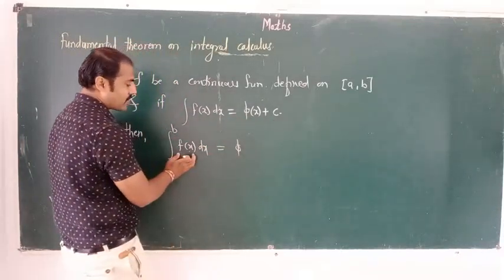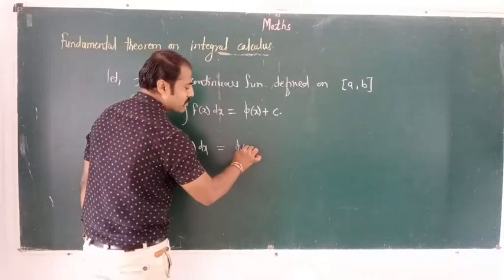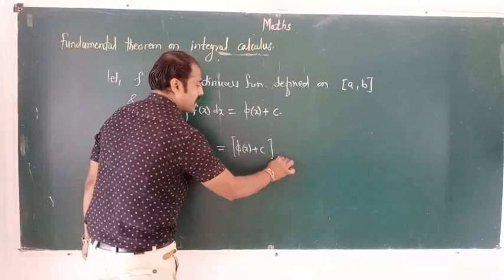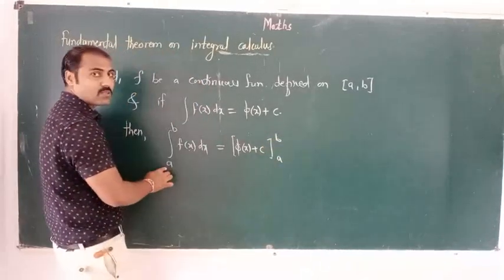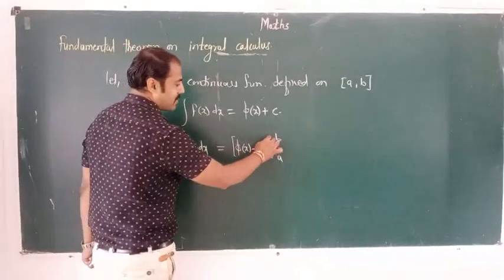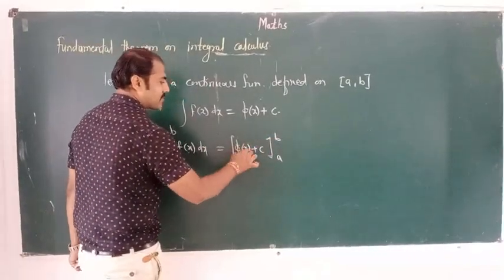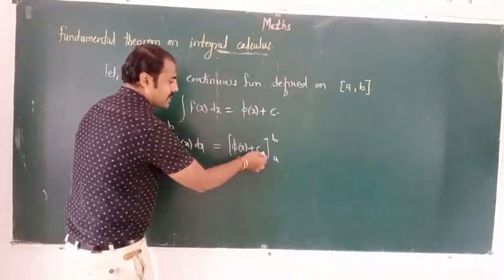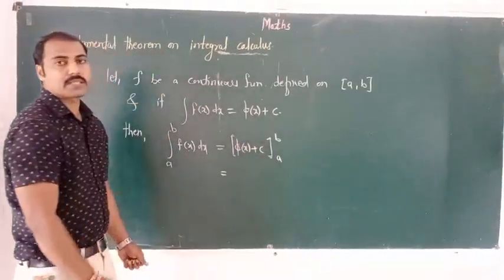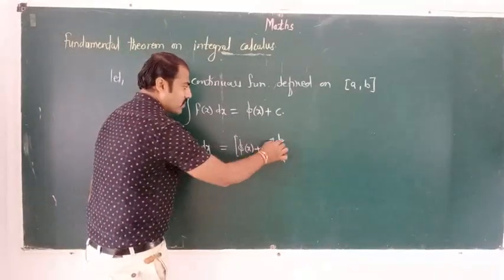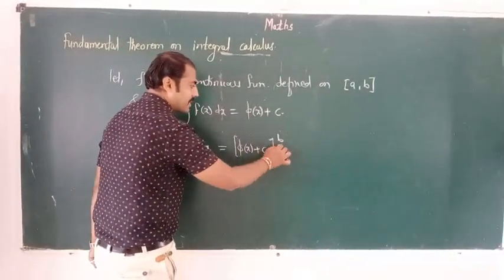So the integration of f of x dx is phi of x plus c, and write its lower limit and upper limit. a is called the lower limit of the integration, b is called the upper limit of the integration, in square brackets. Phi of x plus c is called the primitive, and this is equal to the value of the primitive at the upper limit, that is b.